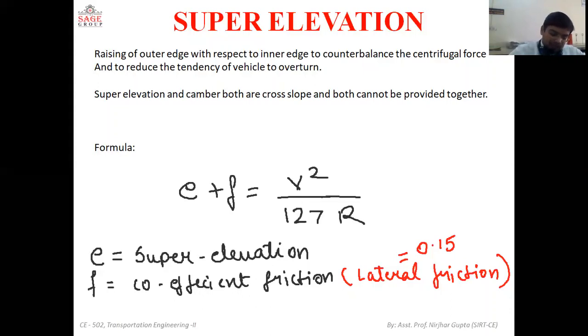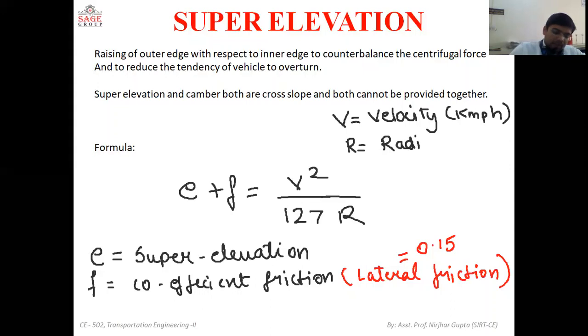V is the velocity of the vehicle in kilometers per hour, and R is the radius of the curve in meters.